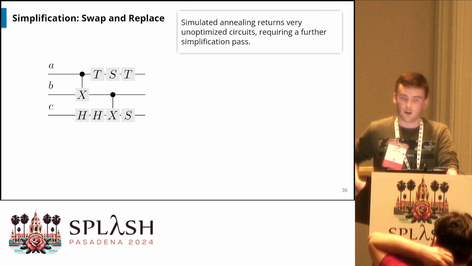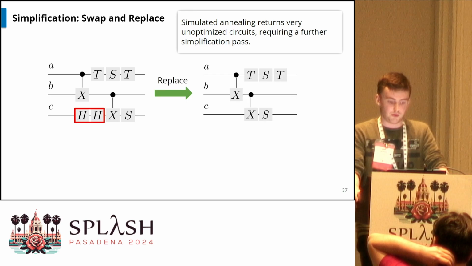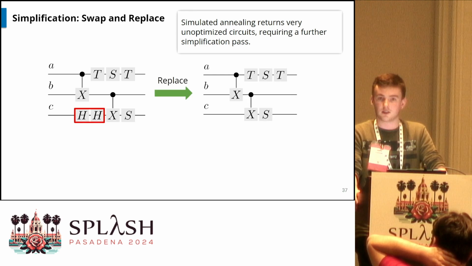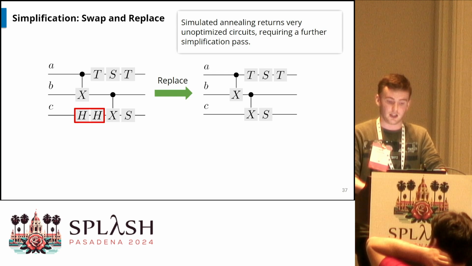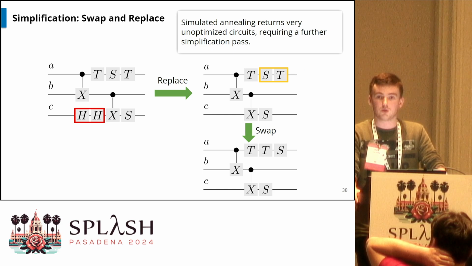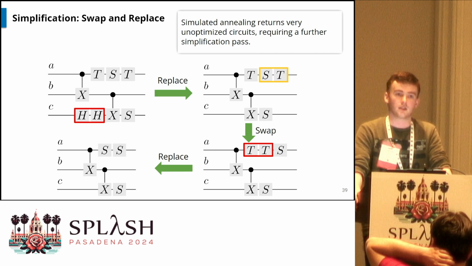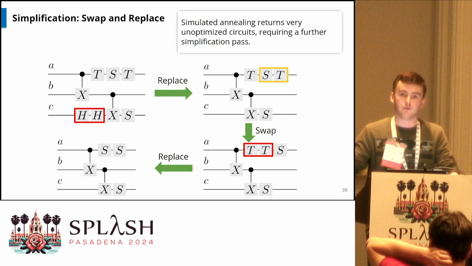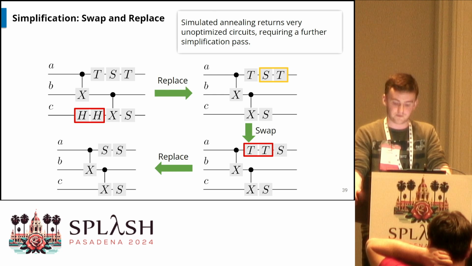Given our output circuit that implements our operator, we simply swap or replace gates that are replaceable. In this case, two Hadamard gates after each other are just an identity gate. Then we swap the T and the S gate because they are swappable, so why not? And then finally, we replace the two T gates with a single S gate because that works. And then we keep doing this until we finally get our optimized circuit in the end.